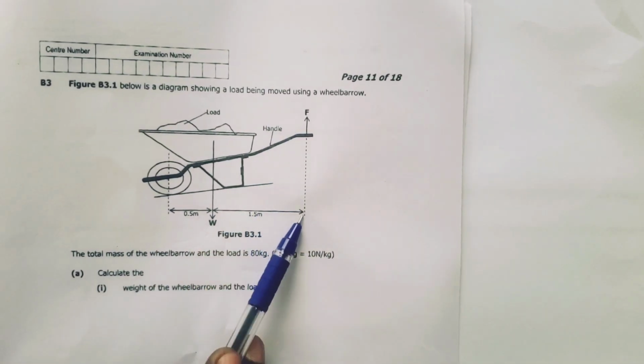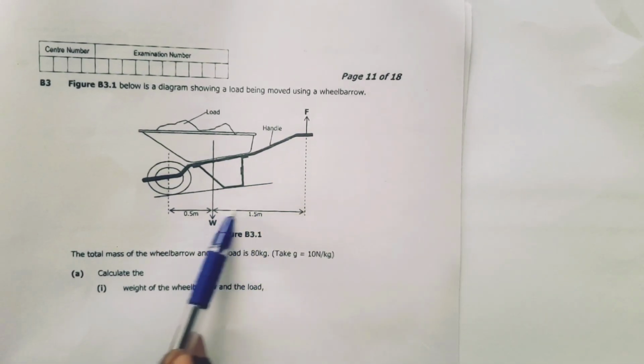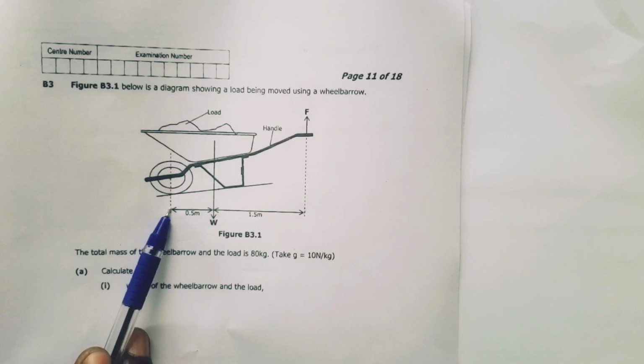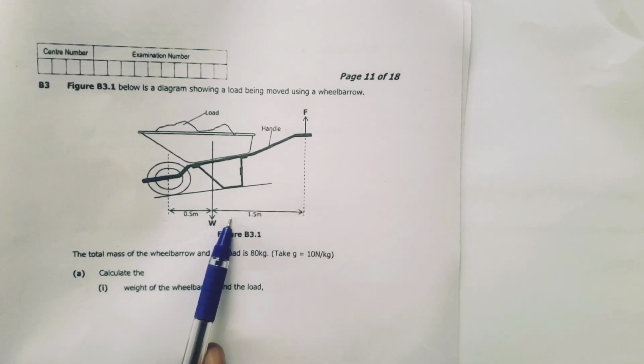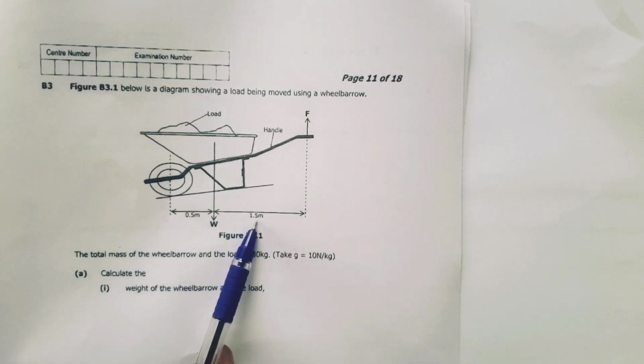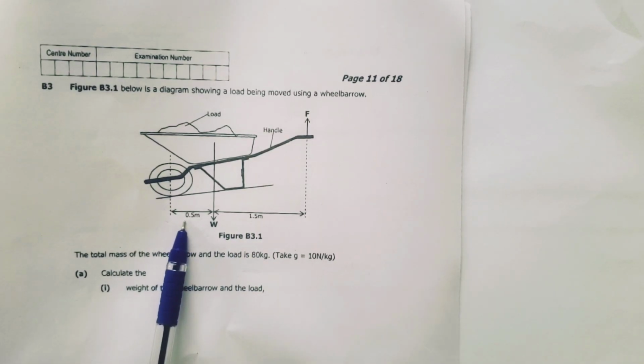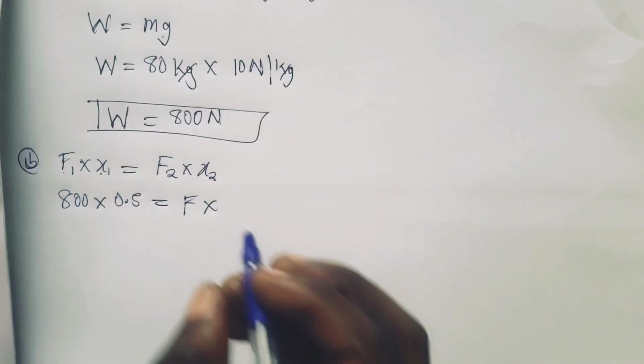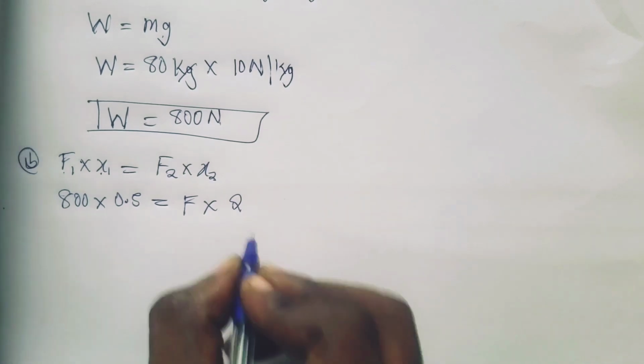Here we have 1.5 and 0.5, so the distance is 1.5 plus 0.5, which is 2 meters. So F times 2.